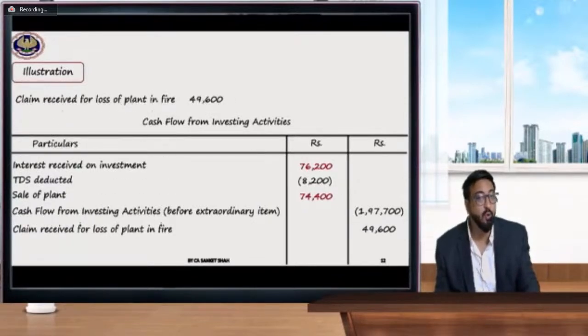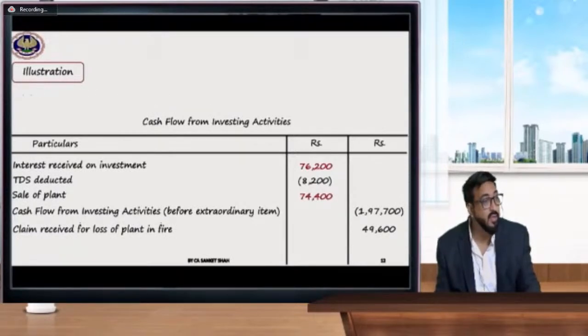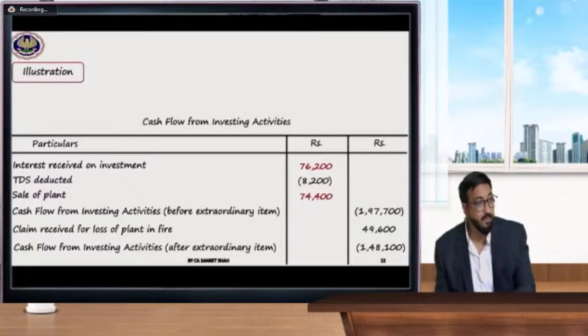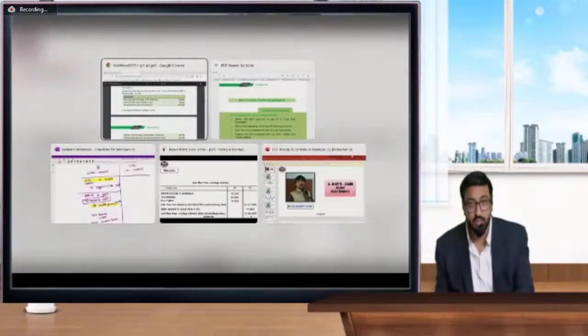Claim received for loss of plant 49,600, separate. Ordinary or extraordinary? Extraordinary. And then you will get cash flow from investing activity after extraordinary item. You got the concept? So where to write loss of plant in fire claim received? Separately. Before extraordinary you will write it, and then you will write that extraordinary activity. So ये question था आपका.